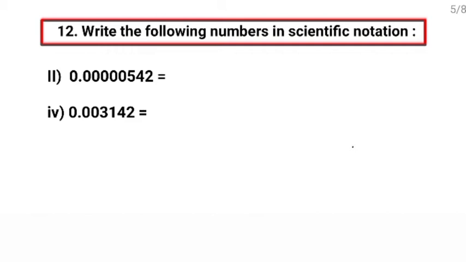Firstly, you need to understand what is scientific notation. A number is said to be in scientific notation if it is expressed as a product of a number between 1 and 10 and an integral power of 10. Clear?